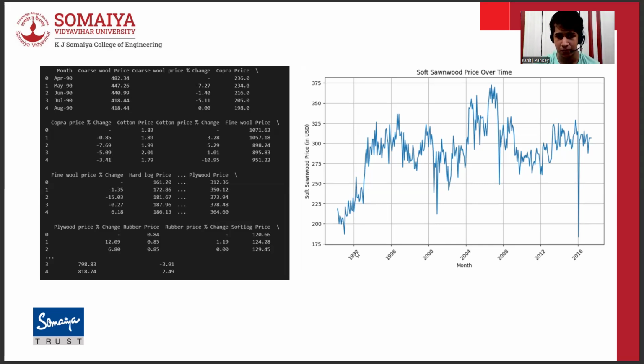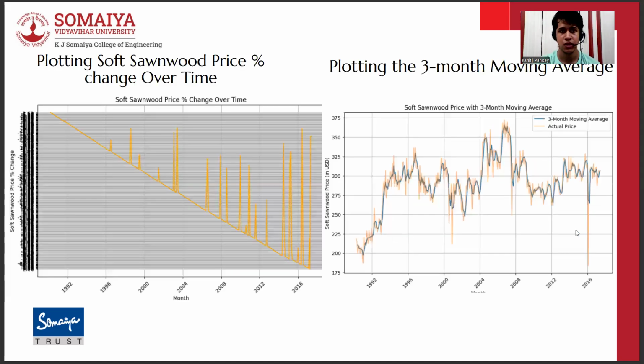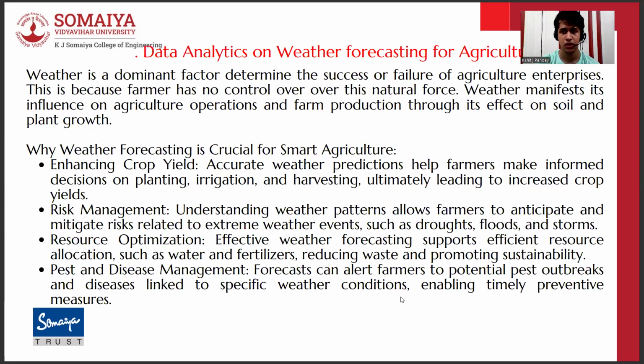It can be seen that the price in 1992 was pretty low, but between 2004 and 2008, probably 2007, the price saw a steady increase, whereas in 2016, the price saw a steady decrease. Plotting softwood price percentage over time. Again, softwood price over time has been plotted, and a 3 month moving average has also been plotted.